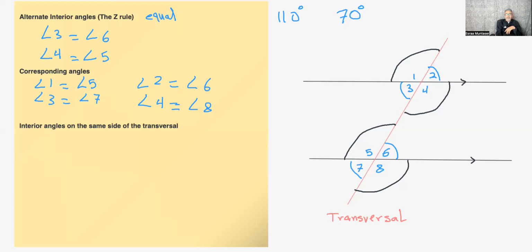If we make the transversal a little bit more like this, maybe it's not as obvious as this, but it is still pretty obvious.